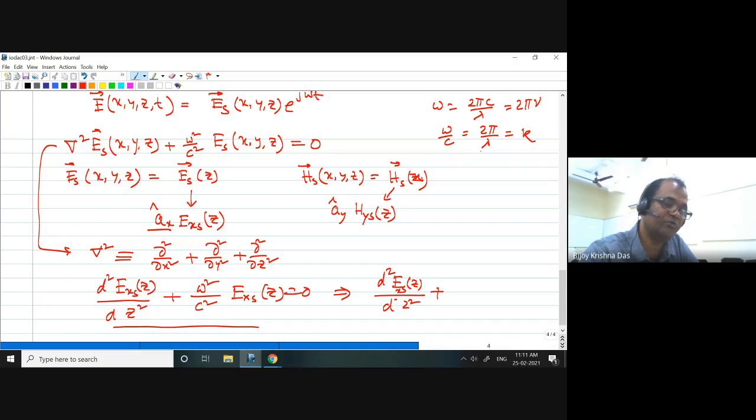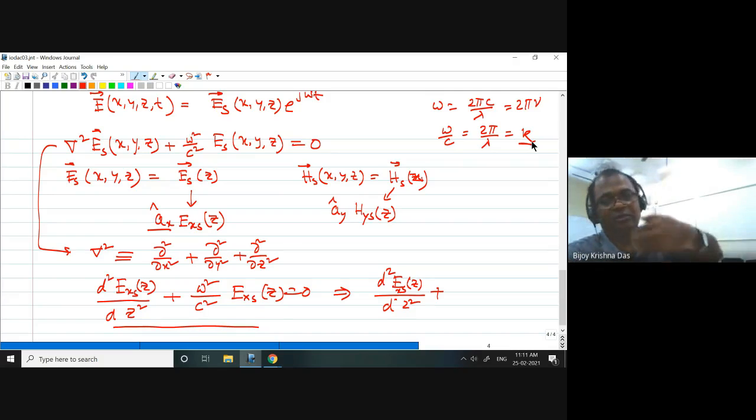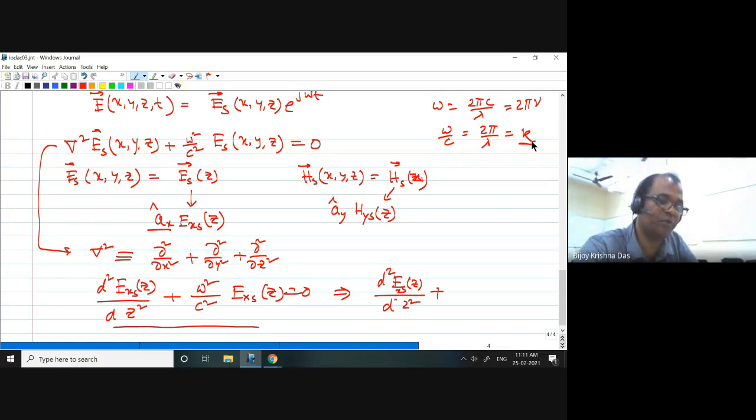Phase constant means, you know, if any wave is traveling in a certain direction, if it travels lambda distance, then it acquires 2 pi phase shift. So 2 pi by lambda means per unit distance of travel, how much phase it acquires. That's why it is called phase constant. So per unit length, this amount of phase will be acquired by the electromagnetic wave when it is propagating in free space.